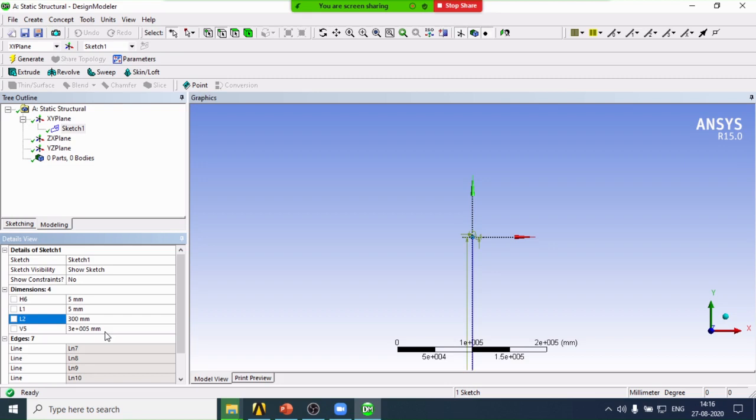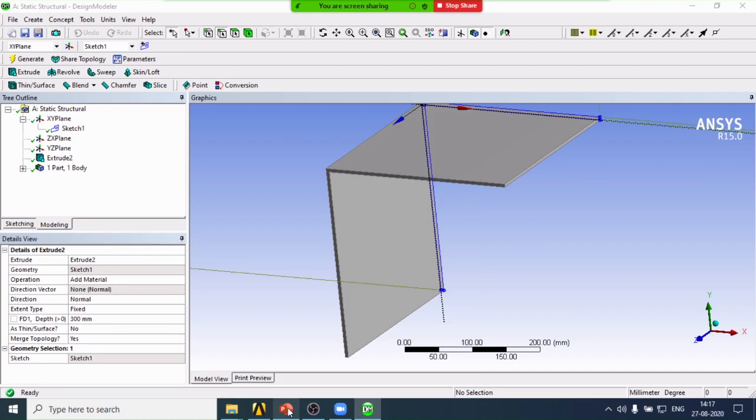Once we create a component, there is one more facility in ANSYS called parametric design. In our design, the parameter is your thickness. This is the thickness you want to vary, and for that we want to define the thickness as a parameter.